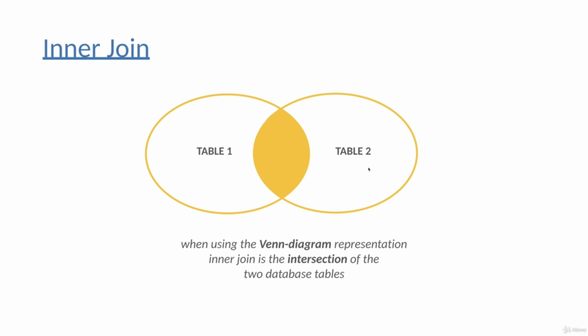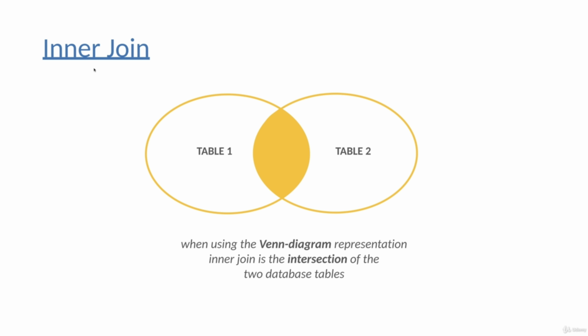So for example, table 2 is the universities, and we have MIT and Harvard in the intersection, but Cambridge is outside the intersection. It is the same with the first table as far as the people are concerned. We have Anna and Adam in the intersection, and we have Kevin and Joe outside the scope of the intersection.